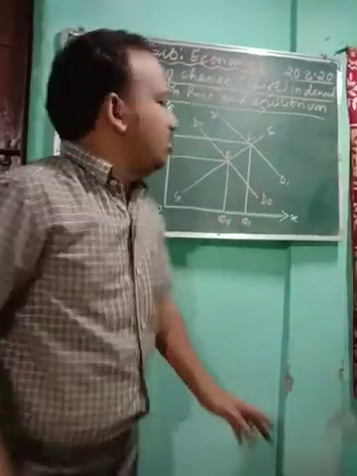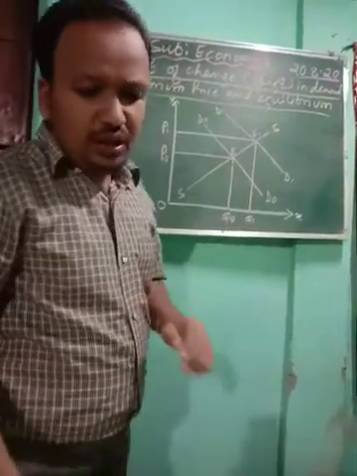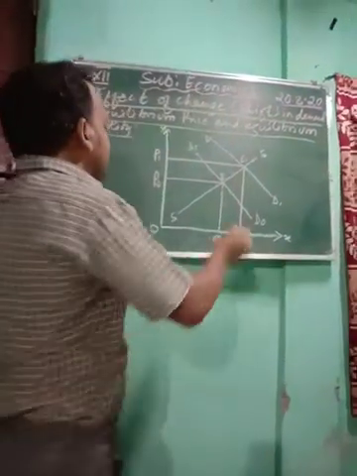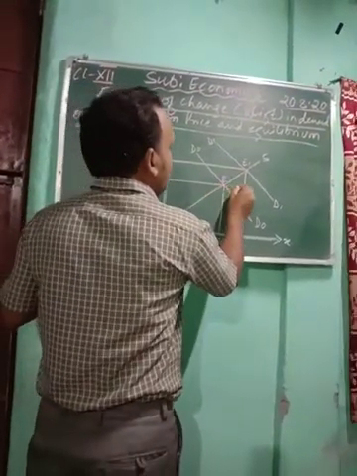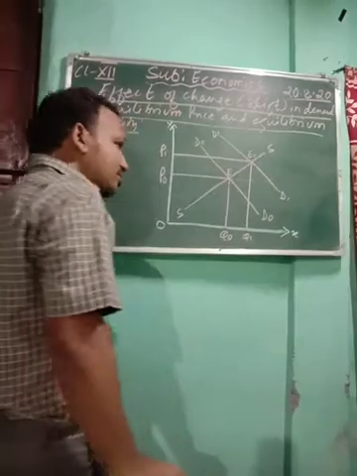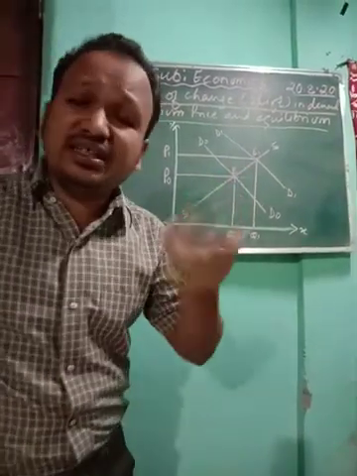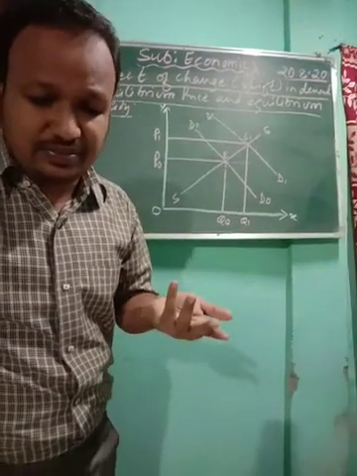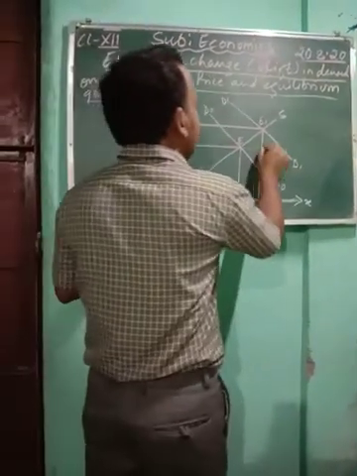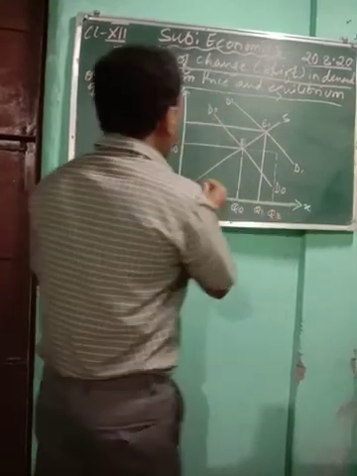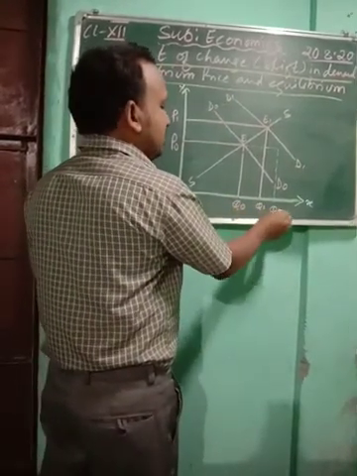So in this case what will happen? Before, the price was low, and suddenly the demand started increasing. From Q0 the demand started increasing to Q3.